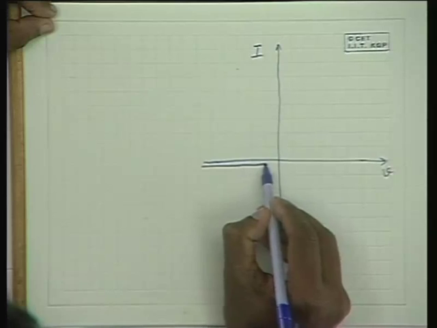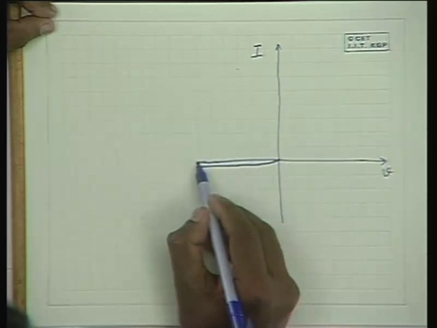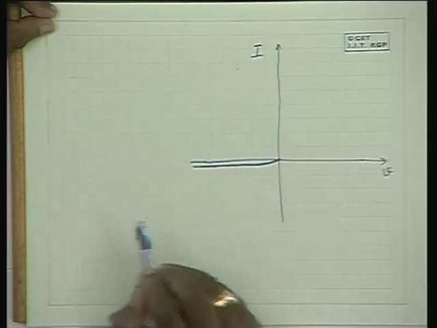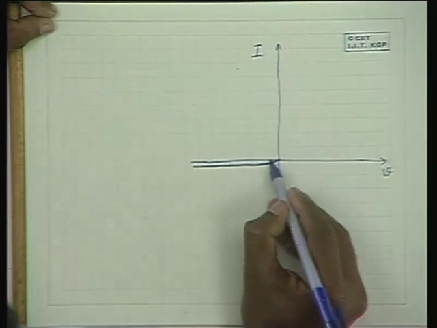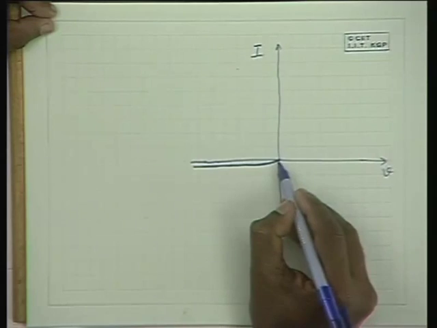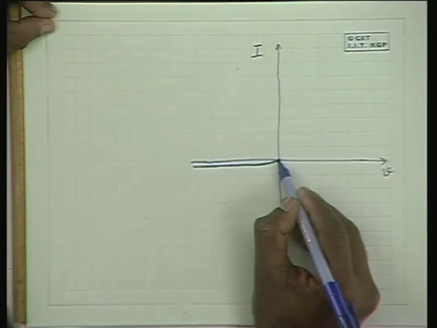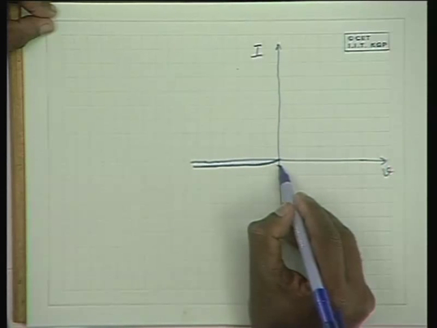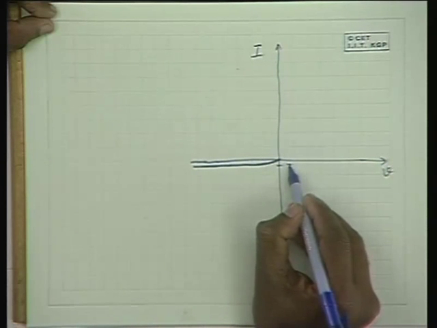It will be a negative current, almost constant. This is the kind of characteristics you get. With increased reverse voltage, first the minority carrier current increases slightly, but after that the current remains almost constant at this value.